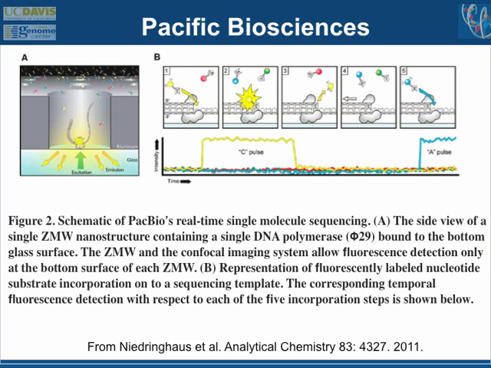It basically affixes a piece of DNA into this little well. They have a special name for all of this, and I don't even want to go through the names that they have for it. And it attaches the piece of DNA to a DNA polymerase, and it watches in real time as that DNA polymerase copies the piece of DNA.